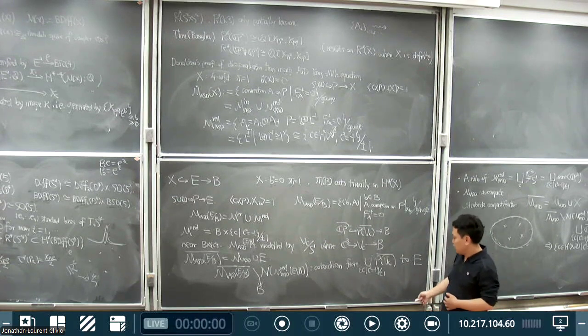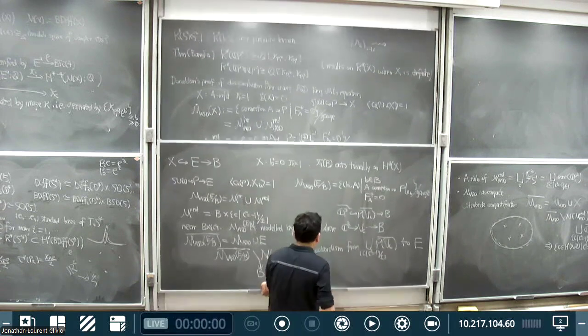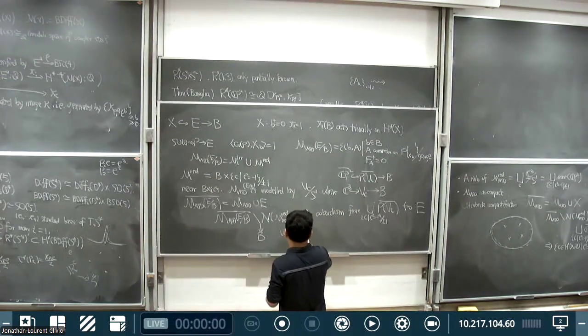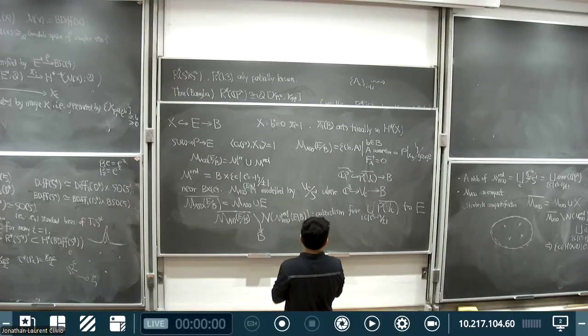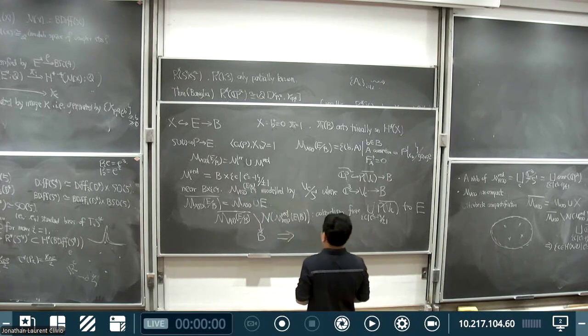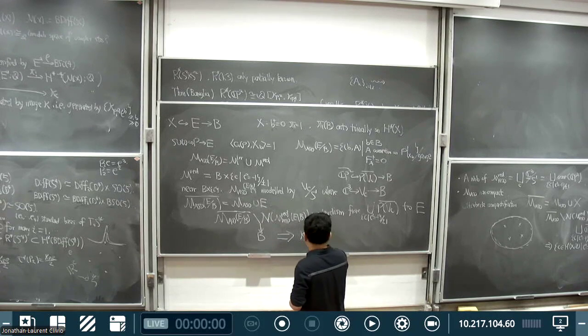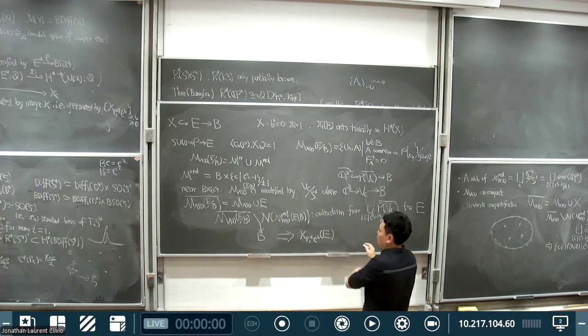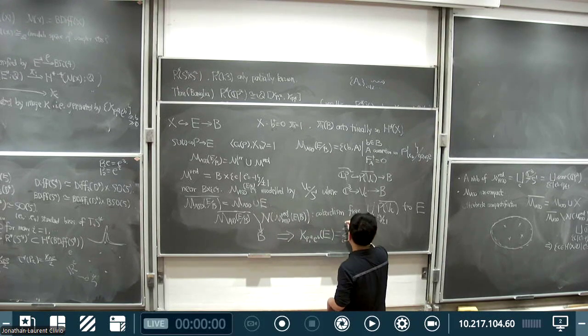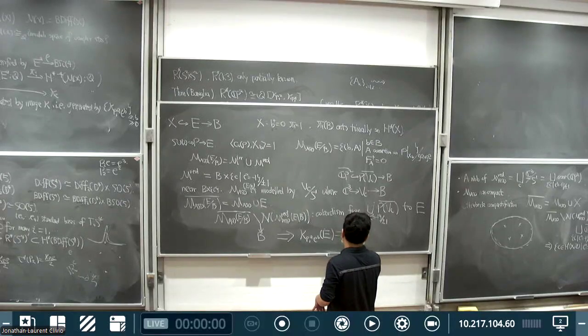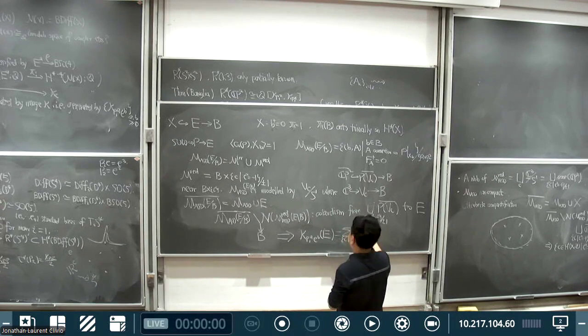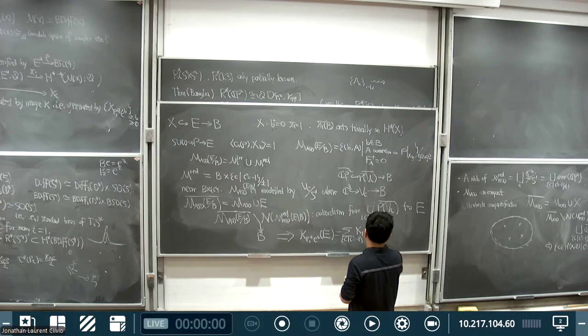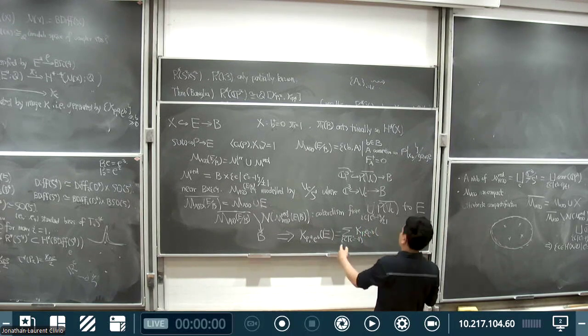Basically, the thing I want to conclude is that from this one can expect that the kappa class, let me just write, T1 of our original bundle equals the sum of this.